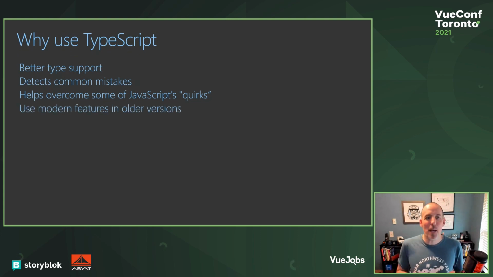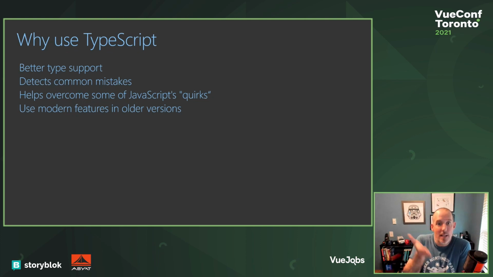And then the last big one is the ability to use modern features in older versions. If you're having to run on an app that maybe is still using an earlier version of ECMAScript, sometimes you're not always able to use some of the features, maybe like async await, that you would like to be able to take advantage of.